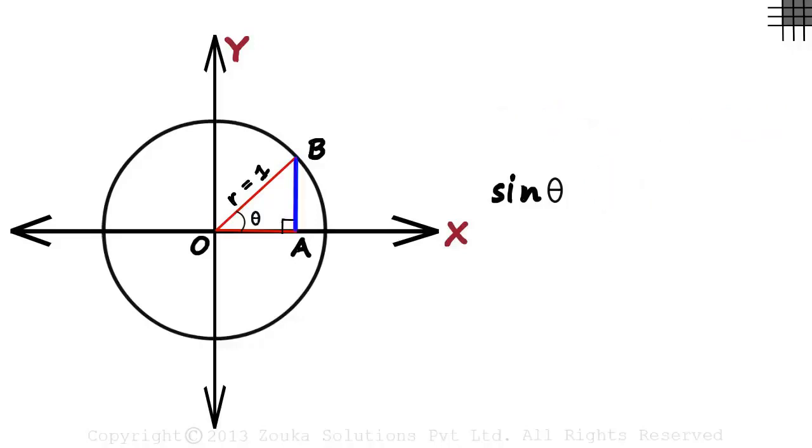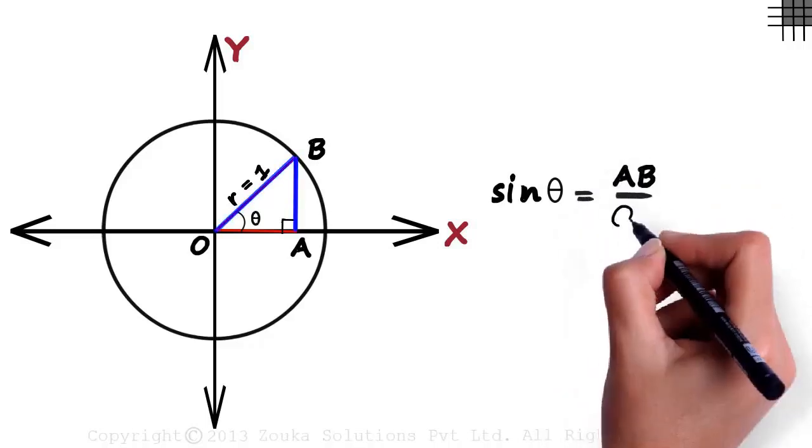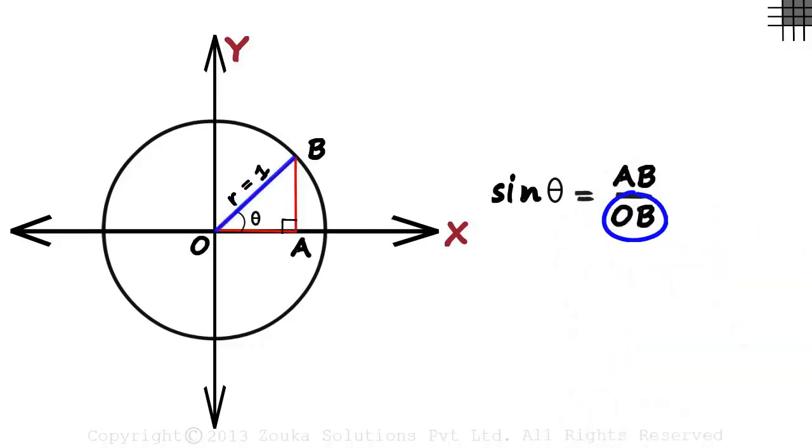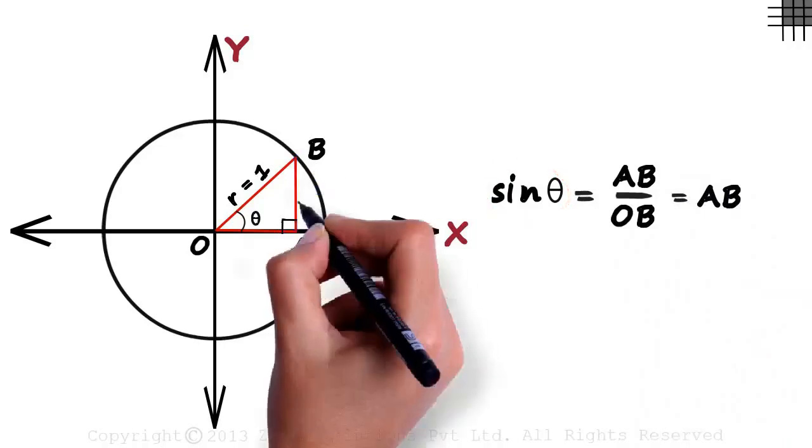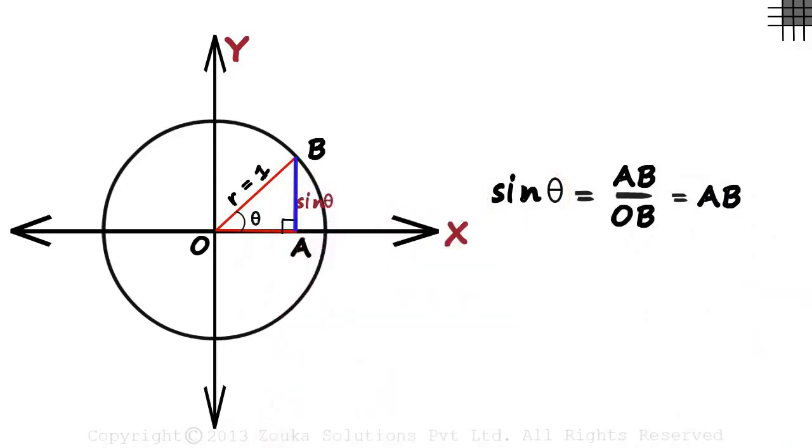Opposite is AB and hypotenuse is OB. So sine theta will equal AB by OB. But what is OB? OB is equal to 1 unit as it is the radius. So sine theta will be AB. So this length AB is sine theta. We write sine theta next to AB.